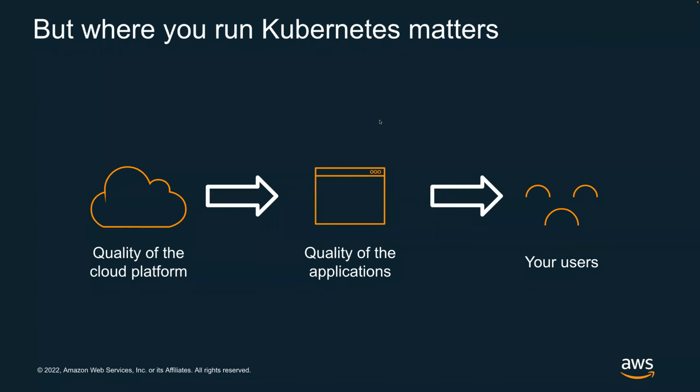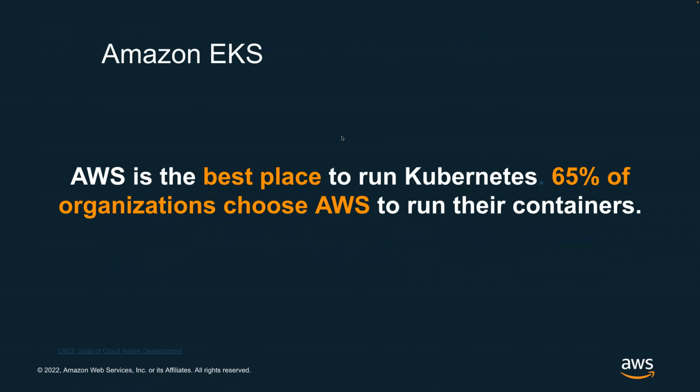Ultimately, we want to be in the business of creating new features and new experiences for our customers and end users, and that's what we want to help our businesses and our customers scale at. Here's where we believe Amazon EKS is the best place to run Kubernetes.